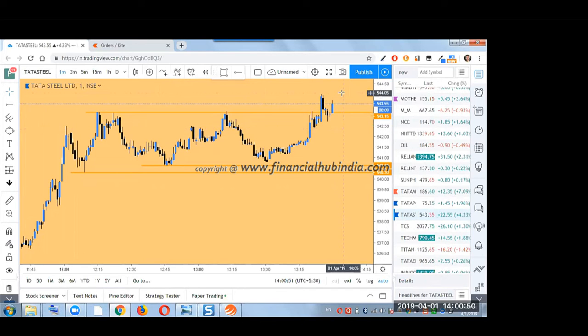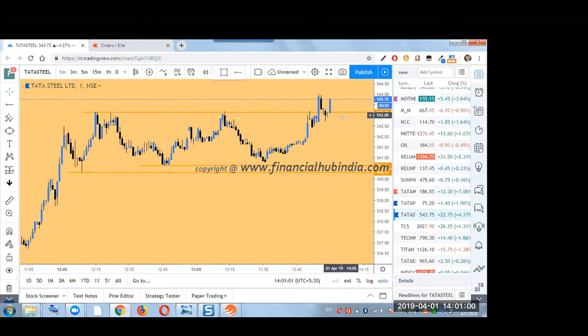So right now, I don't want to see the price coming back down below this key layer, since we already got a bounce from here on the support layer. Okay, so I don't want the price to come back here. And if I see the price is getting rejected from this resistance, then I'll be exiting on the market directly.